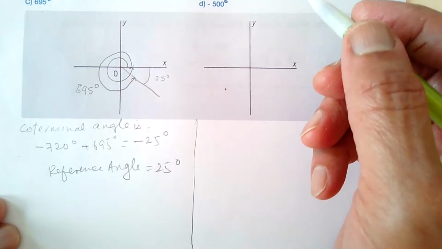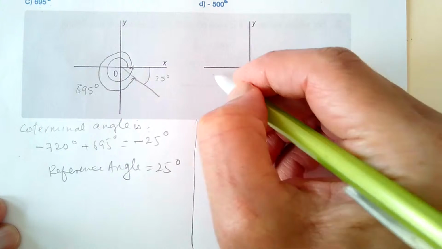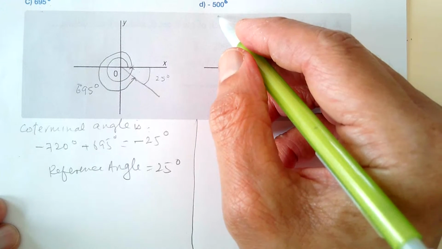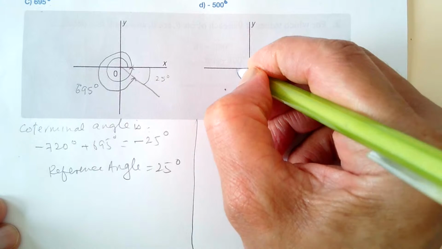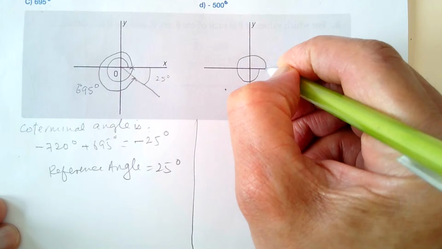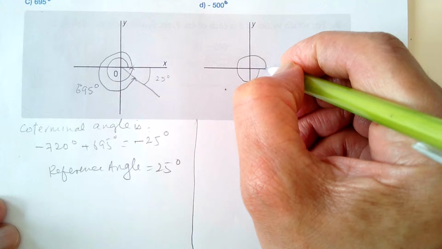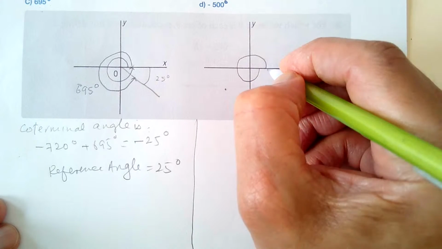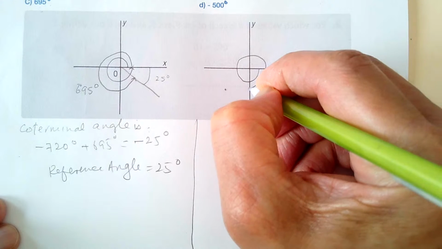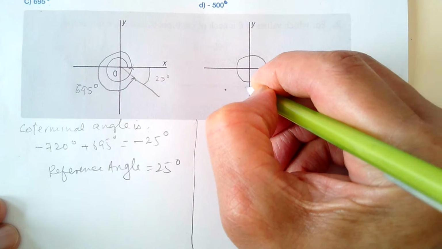Now, negative 500 degrees. Because we're going clockwise, it is negative. So we start here, we have negative 360. Now, we need to go up to 500, so 140 more: 90 and 50.